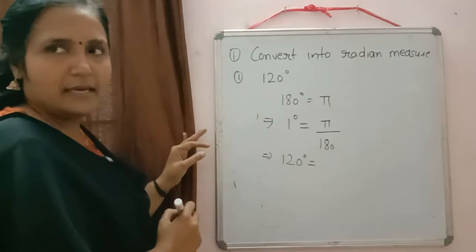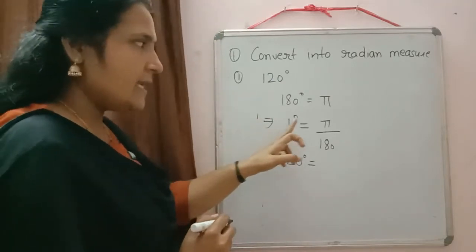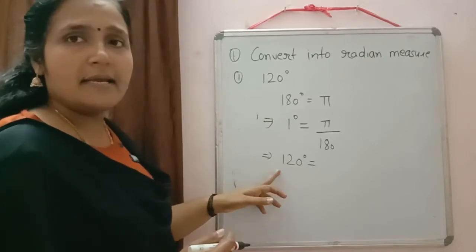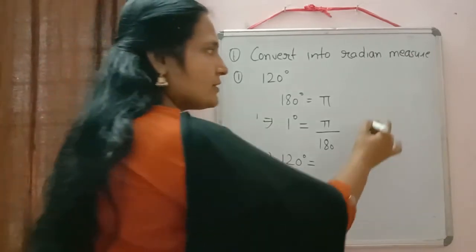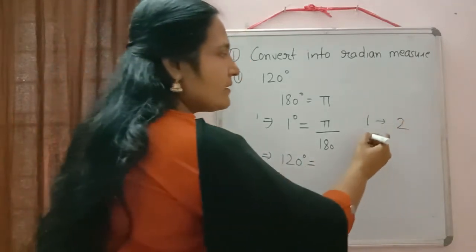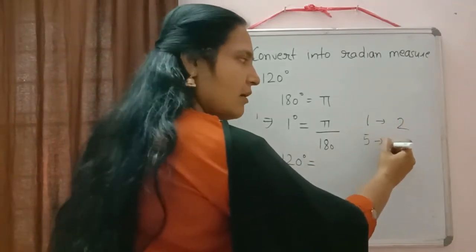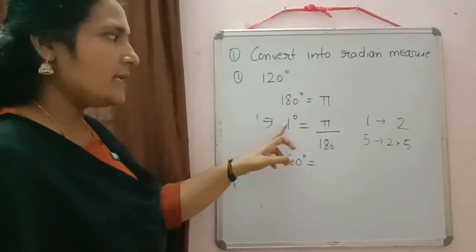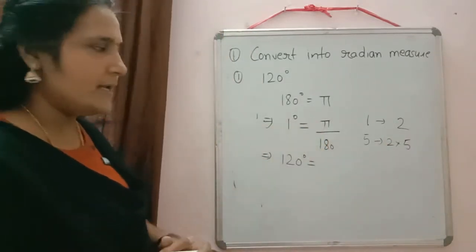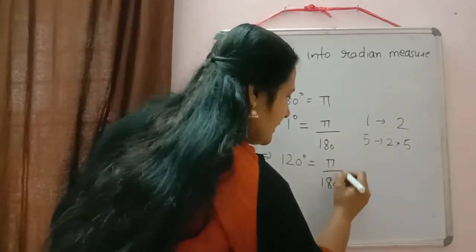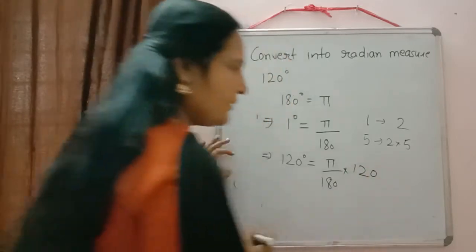120 degree will be equal to, if 1 degree is equal to pi by 180, then what will be 120 degree? Same concept. If cost of one chocolate is 2 rupees, then what will be the cost of 5 chocolates? Obviously 2 into 5. In the same way, 1 degree is equal to pi by 180, then 120 degree will be equal to pi by 180 into 120.